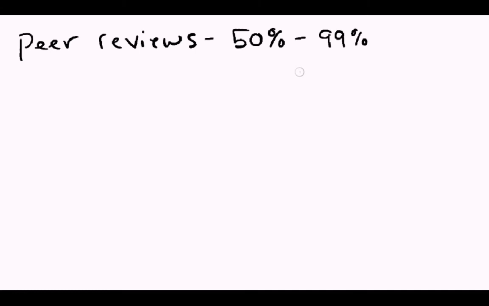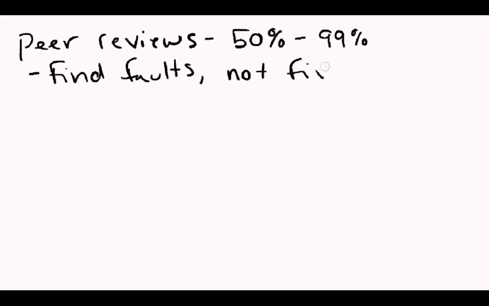Okay. So the goal of a peer review is to find faults. Not fix them. A lot of times a peer review will involve code, and I might be responsible for writing a couple hundred lines of code that relate to some feature.